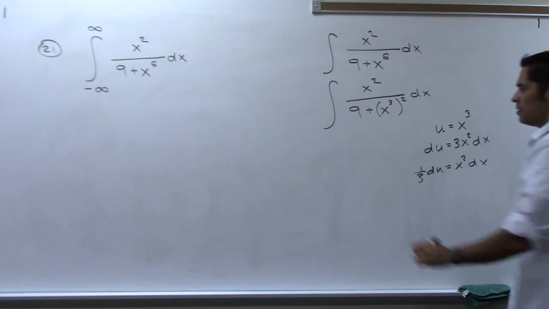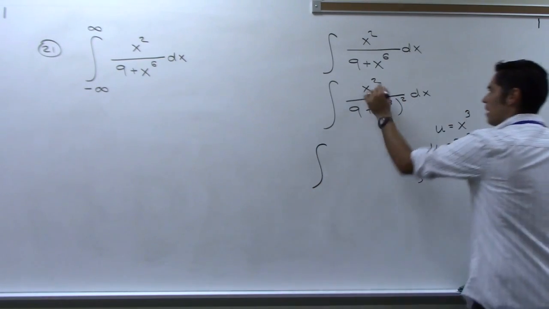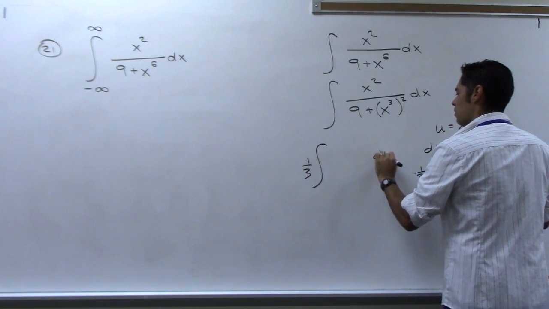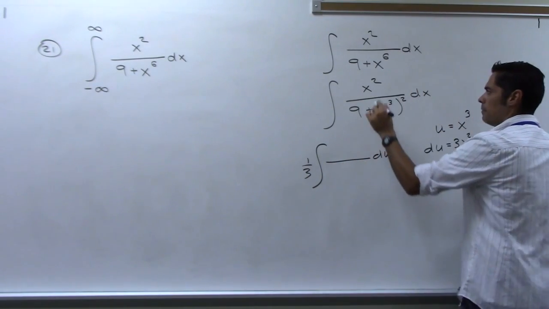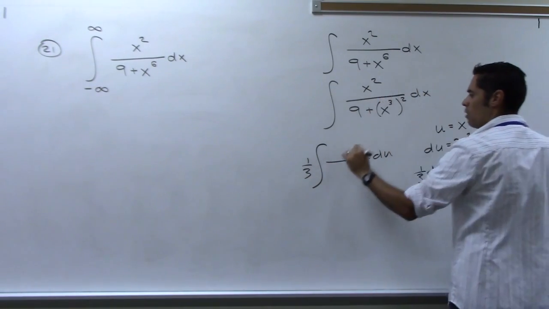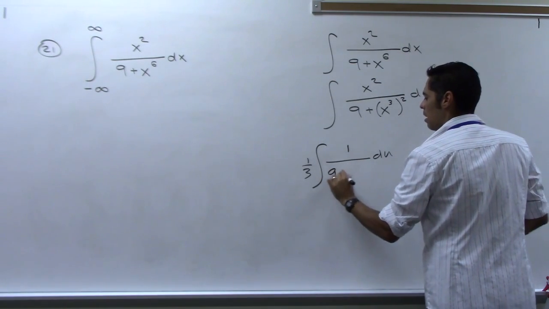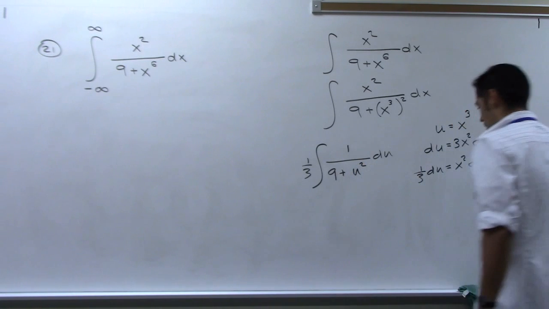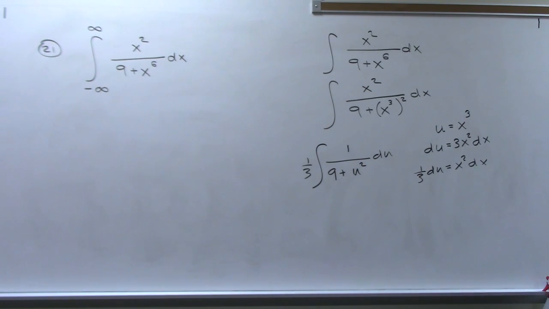And so I can rewrite this integral. The x squared dx is this, so I'm going to have a 1/3 du. Over here, this x squared dx is gone. I have 1 over 9 plus, and then this x cubed was u, so u squared. And that, I hope you would recognize, is going to require arctangent. That's just a formula.